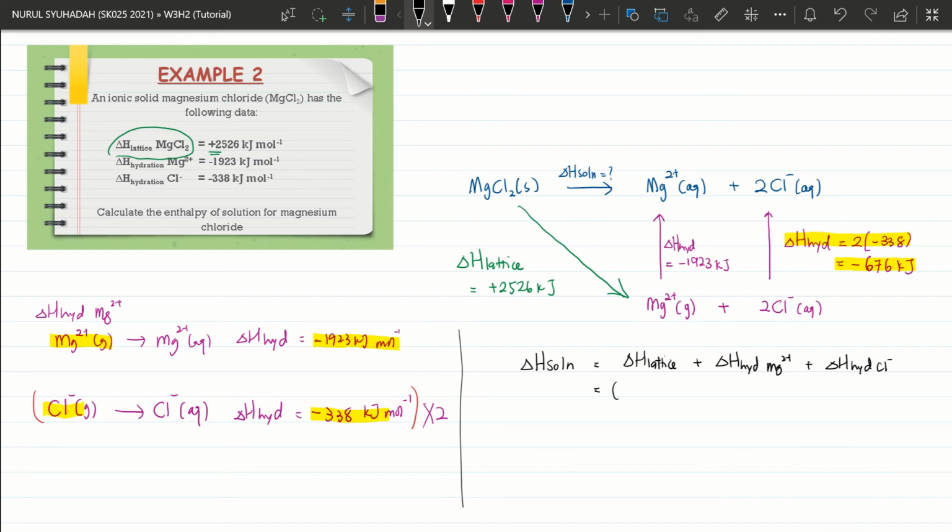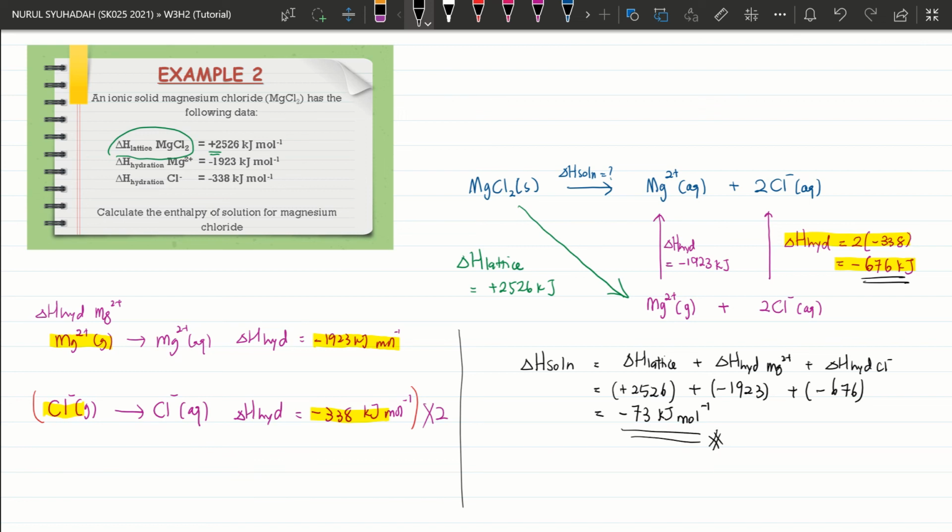So delta H lattice positive 2526 plus delta H hydration of Mg2+ negative 1923, and for hydration of Cl-, put this value negative 676 and calculate them all together. You will get the answer as negative 73 kilojoule per mole. The final answer must be in kilojoule per mole.